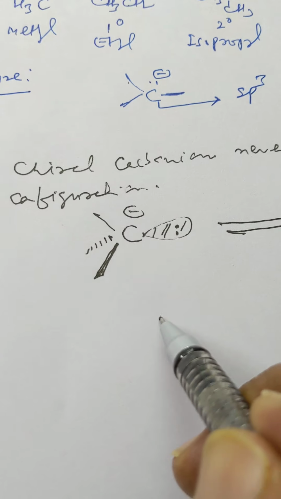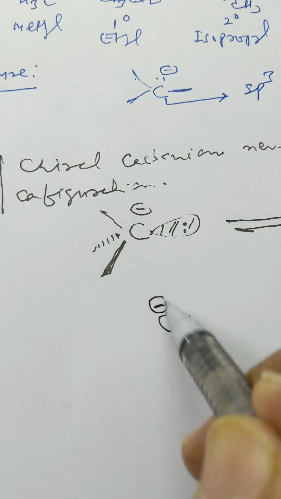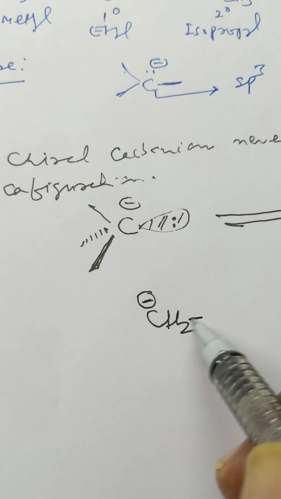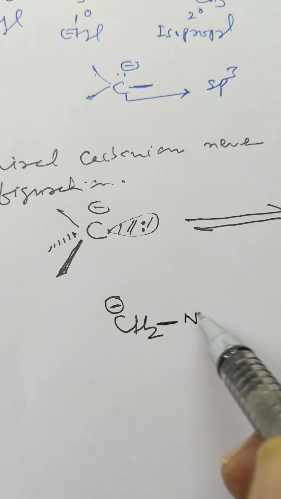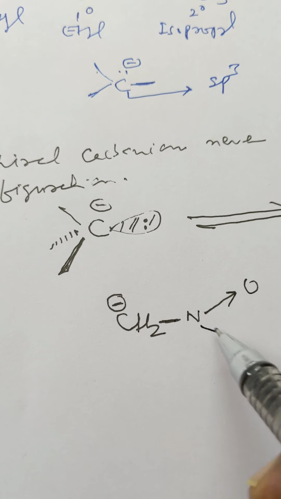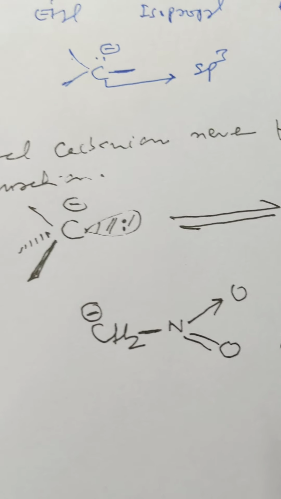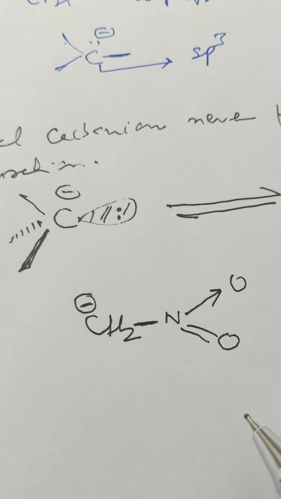Say this is the carbanion formed, and this carbanion is a carbon alpha with respect to nitro group, and this is our nitro group. ये group हमारे पास कौन सा group है? Nitro group. This is a nitro group. Okay.